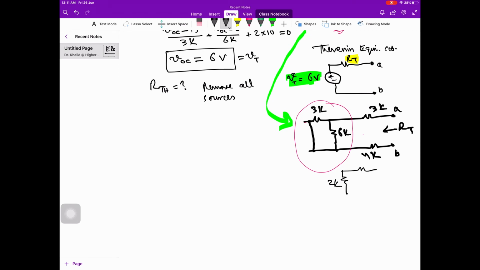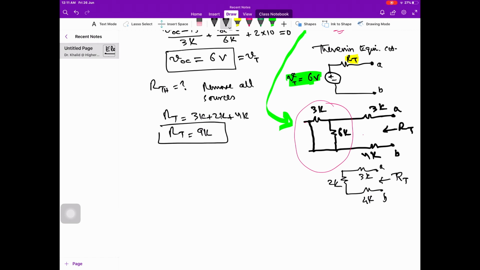And then this resistance is 4K, and the Thevenin resistance is 3K plus 2K plus 4K, and this is equal to 9K. So we have found the Thevenin resistance.